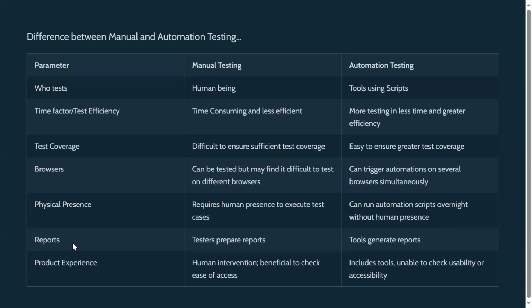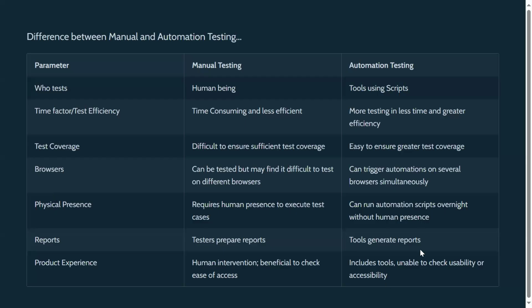Coming to the other parameter, reports. Here, testers should prepare the daily status reports. That means how many test cases you executed, how many failed, how many defects you have logged, what functionalities need to be tested, and what the pending scenarios are. You prepare a report and share it with your stakeholders or test leads.